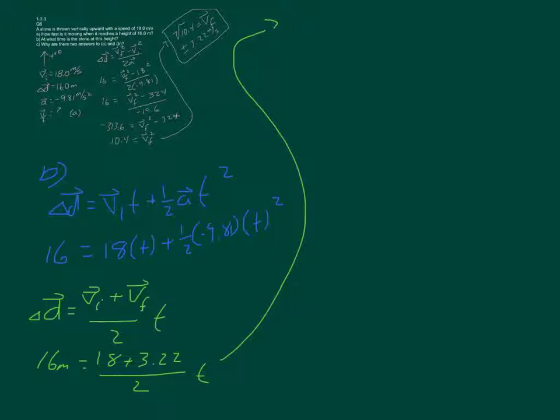So, to get the 2 off the bottom first, that becomes 32 equals, that's 18, 19, 20, 21.22 t. So 32 divided by 21.22, that's 1.5.